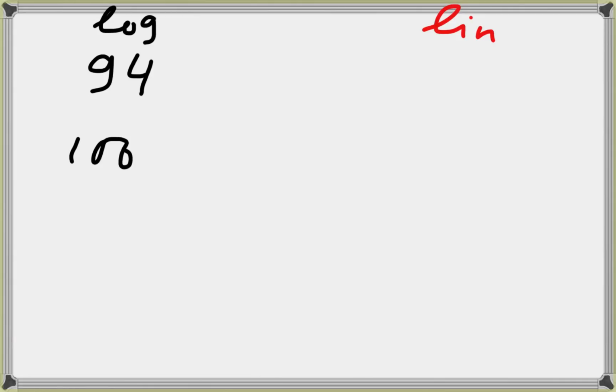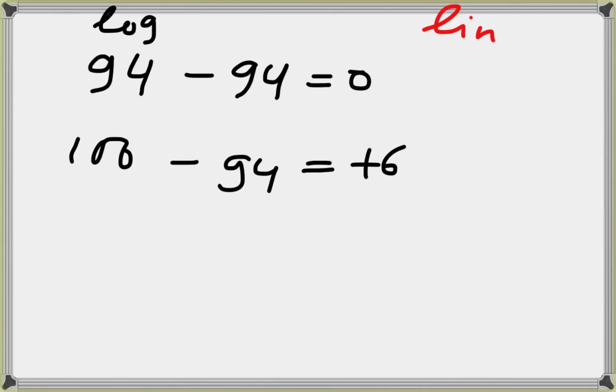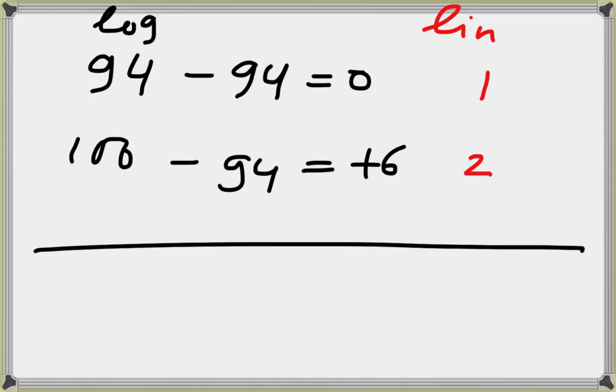And I'm going to aid myself in the process to arbitrarily, okay, this is the first thing that comes up, I'm going to subtract 94 dB from both values, which leaves me with a 0 over here, and it leaves me with a plus 6 over here. And you might say, well, why does he do that? Because now I'm in business. I know that 0 decibels on a linear scale becomes a 1, and plus 6 decibels on a linear scale becomes a 2. And now I'm in business because those are values according to the five-fingered rule. If I add 1 and 2 together on a linear scale, I'm left with a 3.